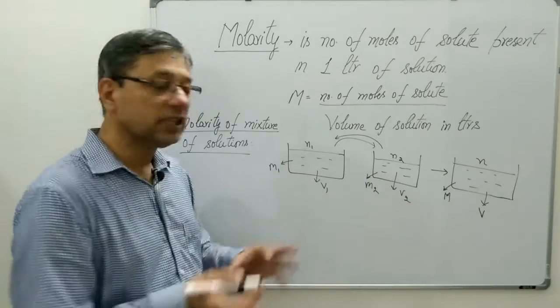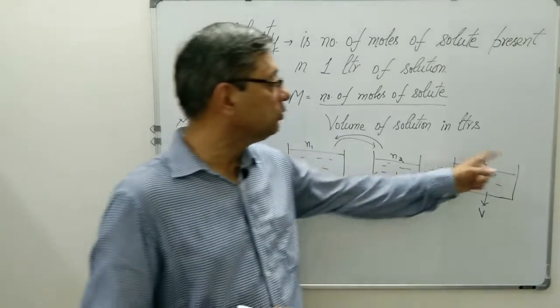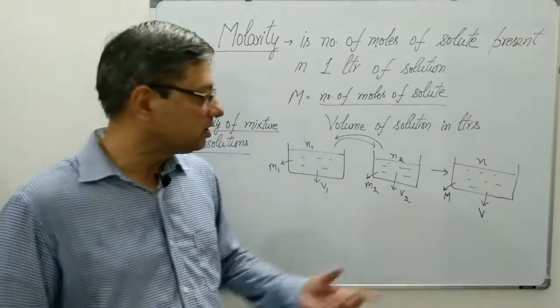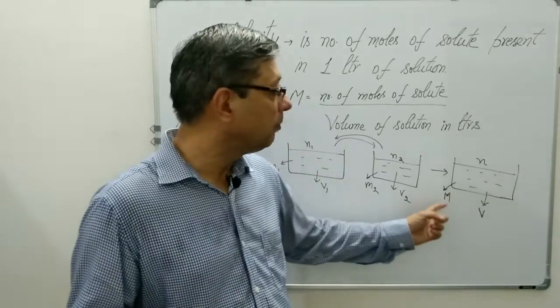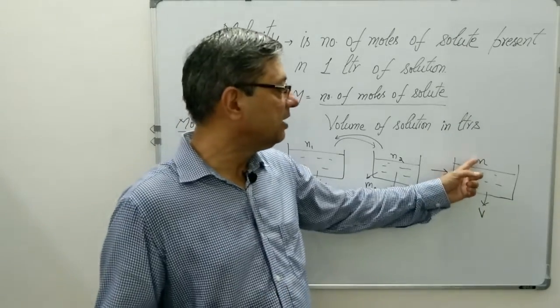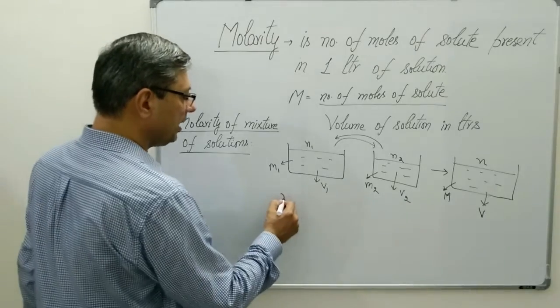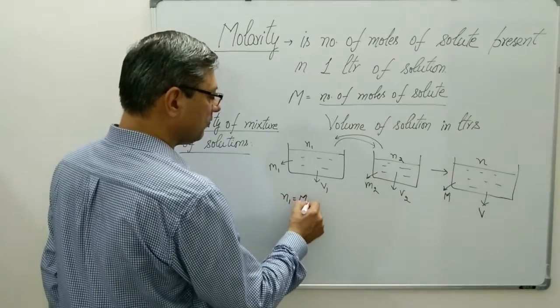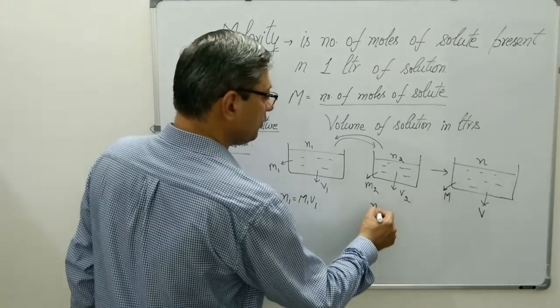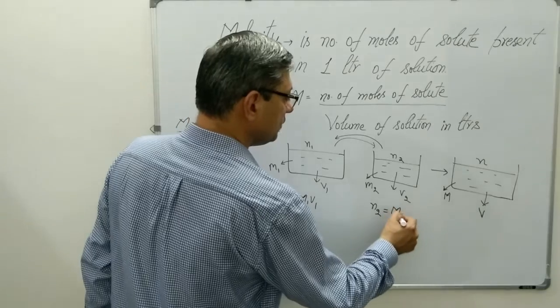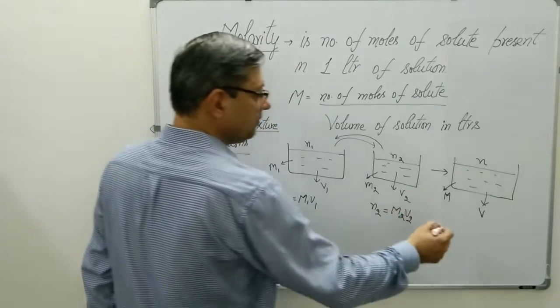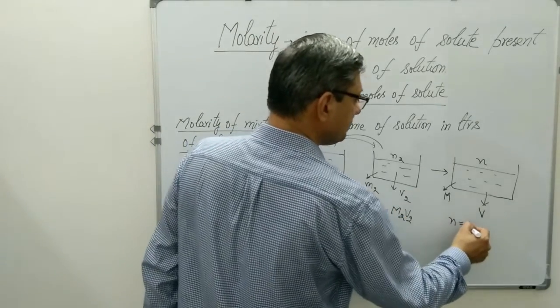Both those solutions are mixed and a new solution is prepared whose volume we can assume V, molarity M and number of moles equal to N. Going by the formula, N1 will be equal to M1 V1, N2 will be equal to M2 V2 and N will be equal to M into V.